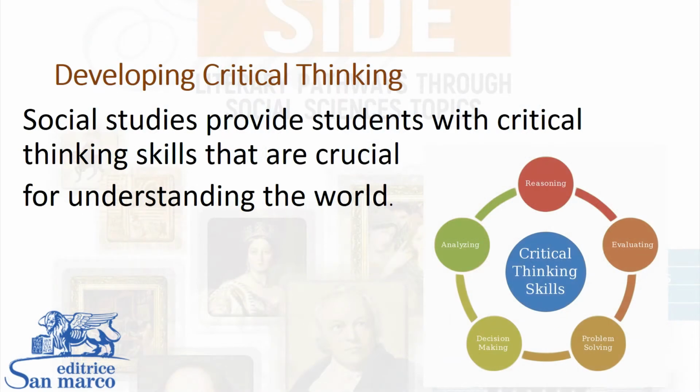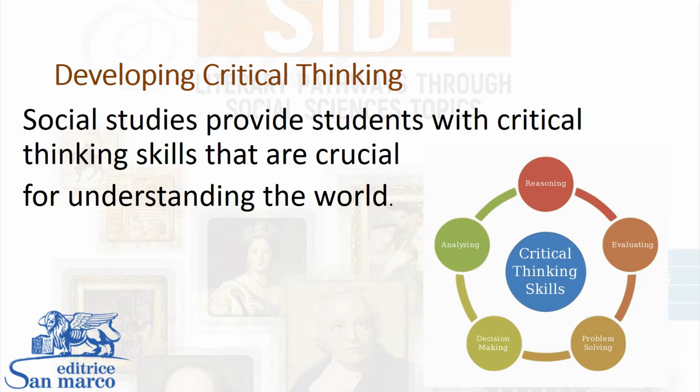Let's start to consider the first C, which is critical thinking. We could consider different aspects which have to do with critical thinking skills. As you can see here in the figure, we start from analyzing a problem or a topic, an issue, and then we generally tend to reason over it and evaluate it in order to develop problem-solving skills and be active participants in a decision-making process.